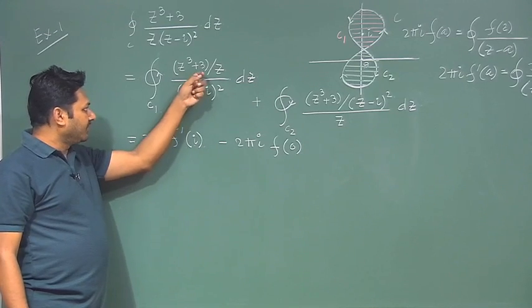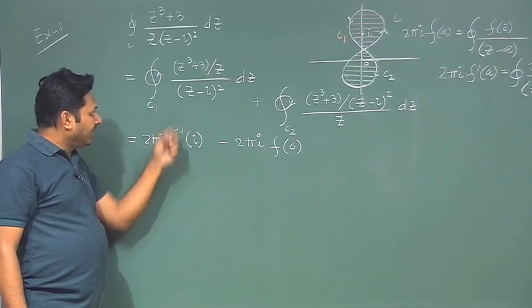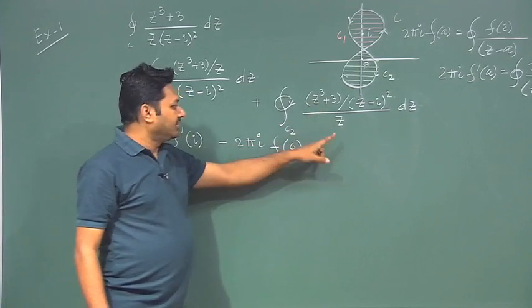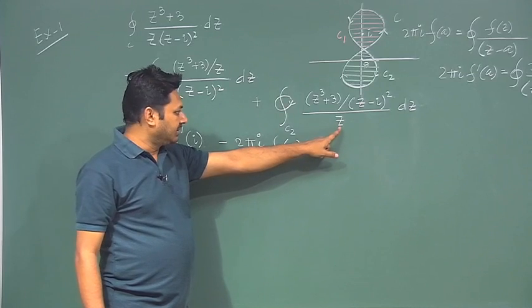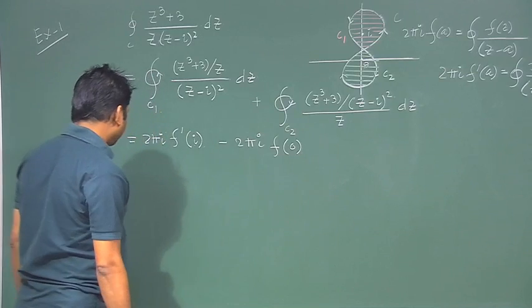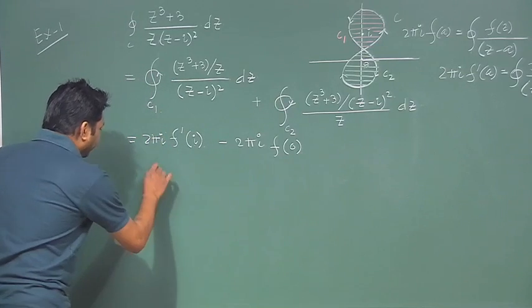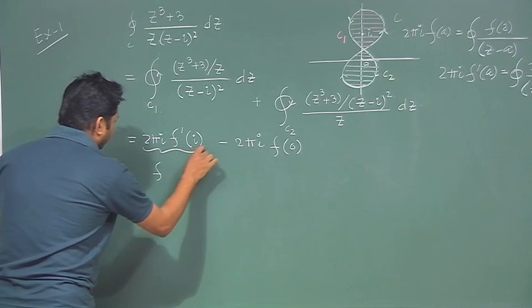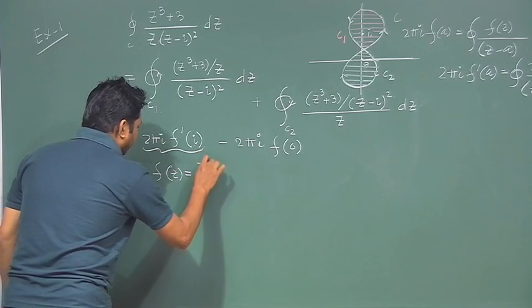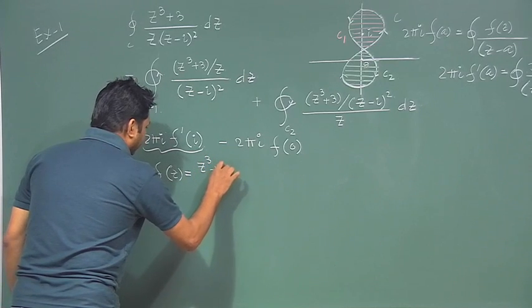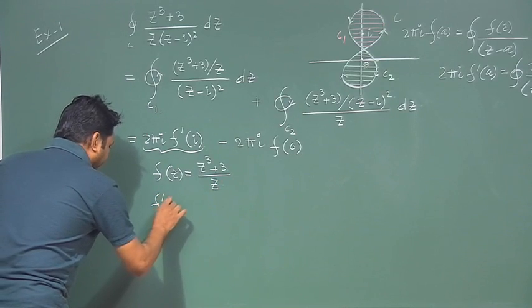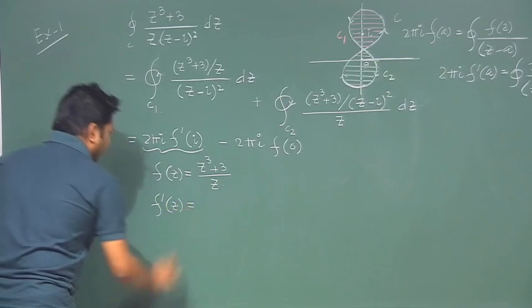Whatever function is written here, make a derivative of it and put i here. For this case no derivative is required because it is just z, so just put 0 and you will get the result. Okay. So, what is my f here for this case? f(z) is (z cube plus 3) divided by z. f prime(z) is how much?